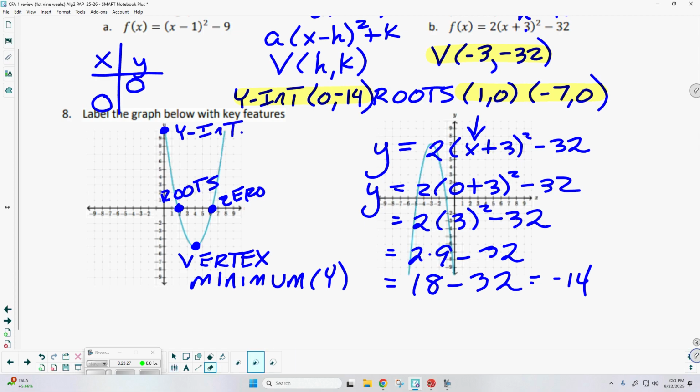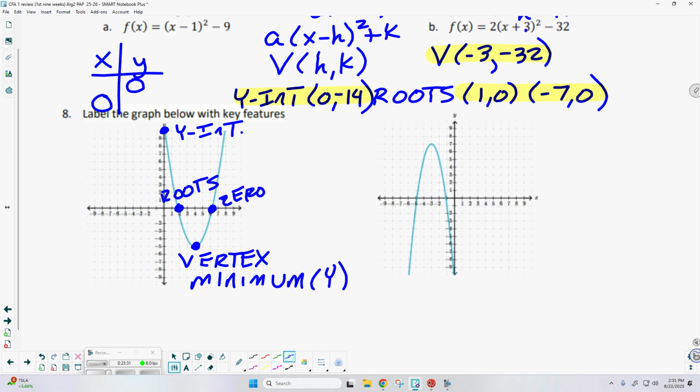Now let me go ahead and show you something over here. Let's at least do this one more time. What's this right here? That's the vertex. Is that vertex a maximum or a minimum? It is a maximum. There you go.